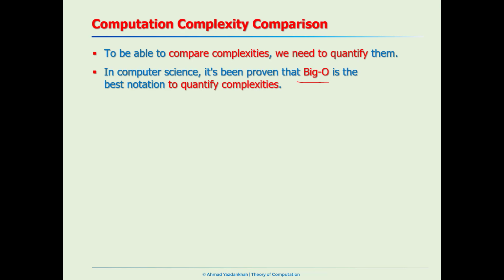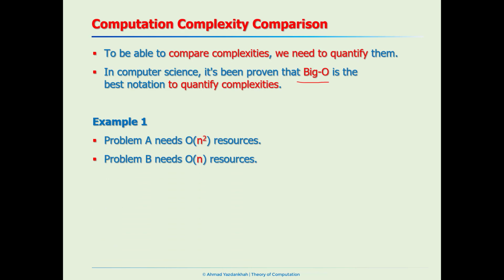So let me take an example here. For example, if we have two problems A and B, and problem A needs big O of n square resources, and problem B needs big O of n resources, then which one is more complex?